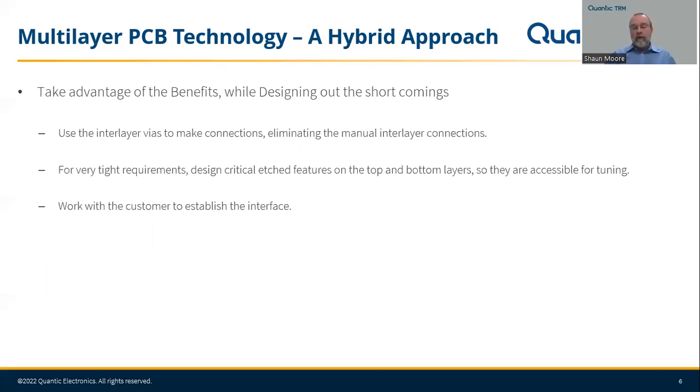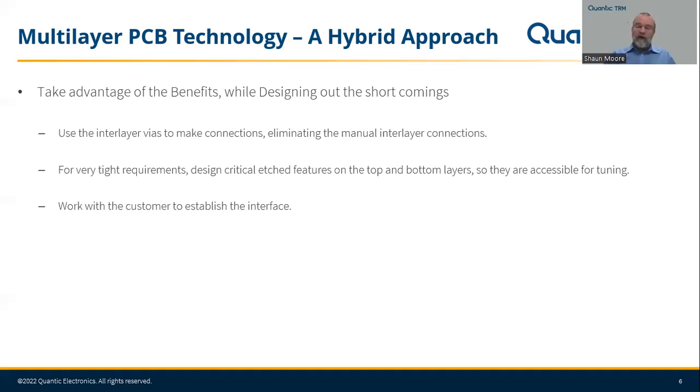It's been my personal experience that as we're building up these assemblies, those transitions and the variation in the hand craftsmanship of those transitions really drives performance. So by taking advantage of those machine-based via structures is absolutely huge. I think that is absolutely a very big benefit of multi-layer PCB technology.